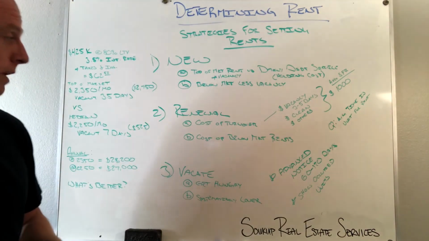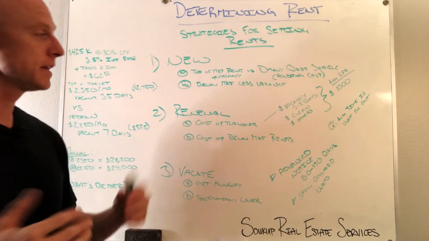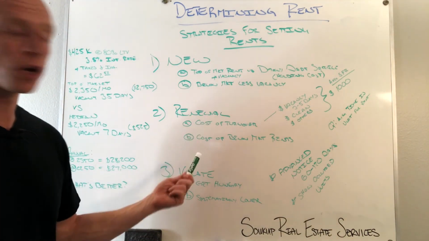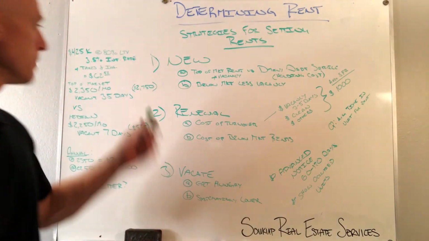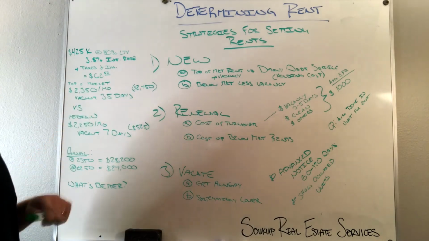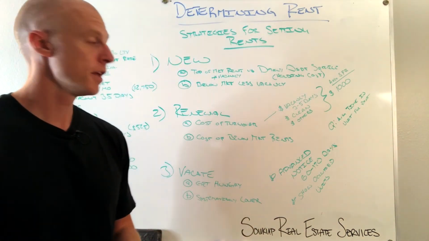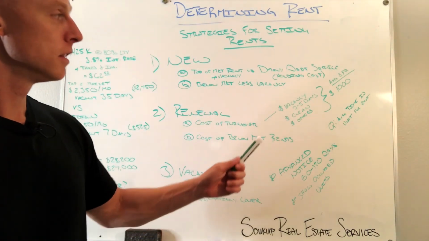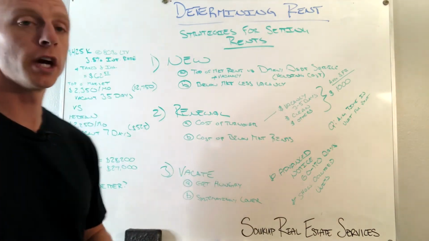The next strategy would be what a renewal rental rate would be. And things to consider on that would be the cost of turnover versus the cost of below market rents. So this example of $2,350 versus $2,250, I'm losing $100 per month for a potential higher rental rate. But let's say to turn that unit over, they say, nope, we're gonna vacate.